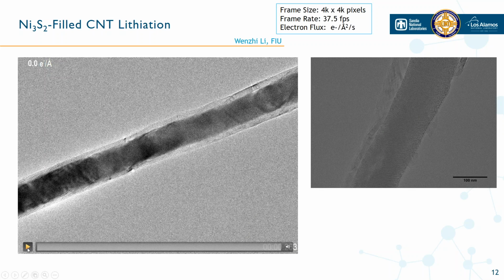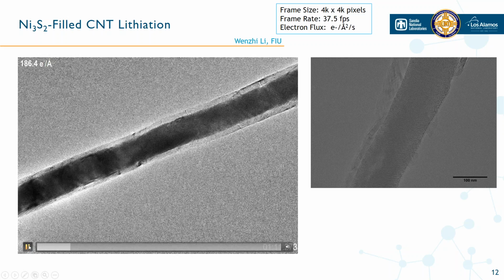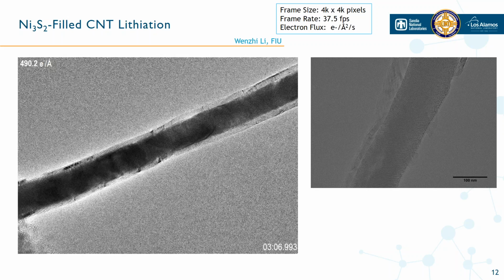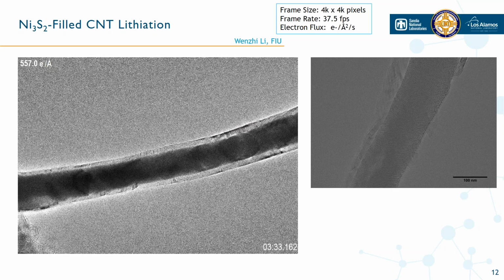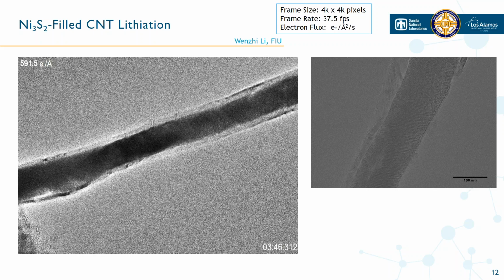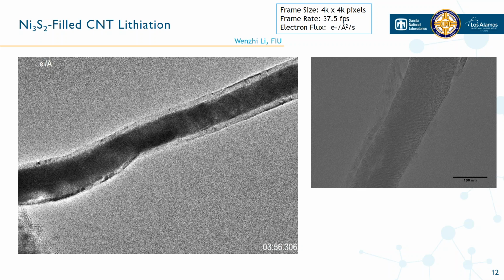you're going to see a video of this reaction of lithium lithiating the carbon nanotube filled nickel sulfide structure. Initially there's some volume expansion, and you can see that the carbon nanotube is being pressed out, and on the bottom left of the movie, it's moving as a front, and that front is progressing as the lithiation front is moving along.